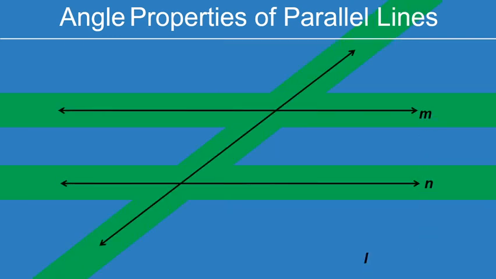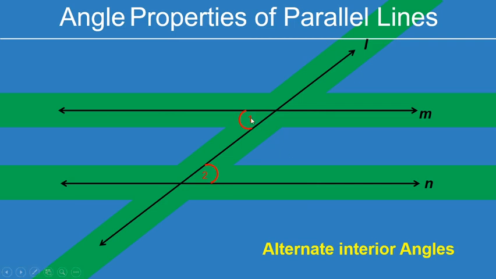Now for the next topic, that is alternate interior angles. As the name suggests, interior, it means the angle should be in the interior of the parallel lines. Look at these two angles.